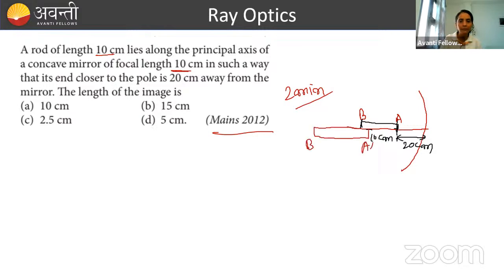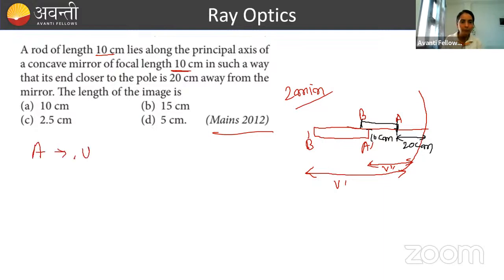So this is A dash, this is B dash. So if the image distance of A is known, and the image distance of B is known, then what will be the image length? If this is V dash and this is V double dash, then the image length will be V dash minus V double dash. Okay? So let's calculate for A first.